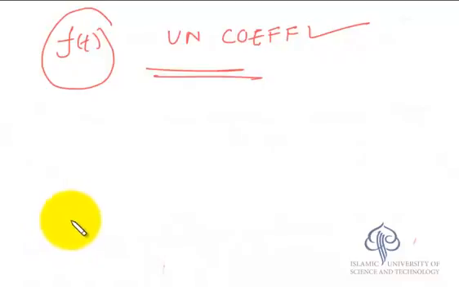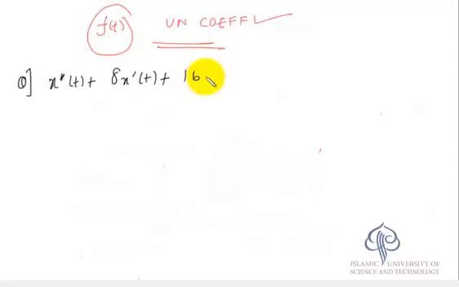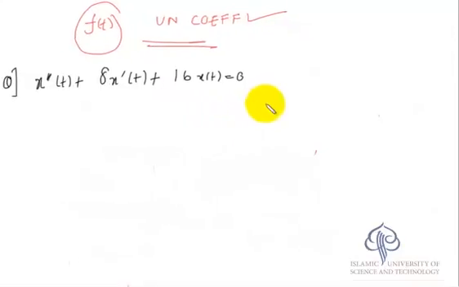So let us first see some equations that are homogeneous and which have certain initial conditions given. For example, let us say that we need to solve a differential equation given by x double dash t plus 8x dash t plus 16x(t) equal to 0, and the initial conditions are given.